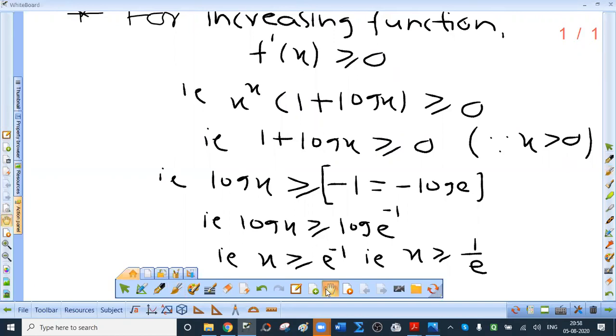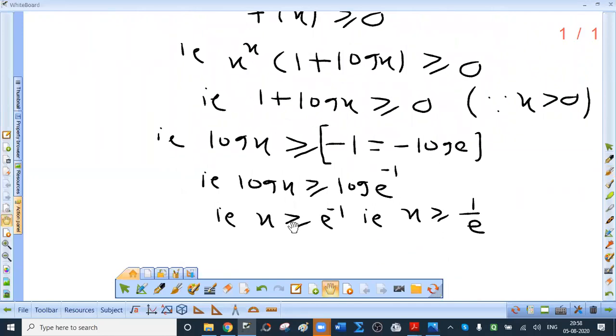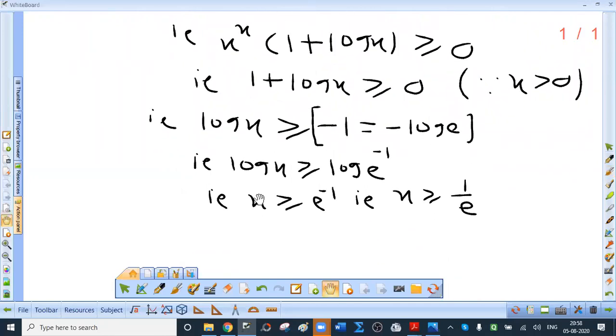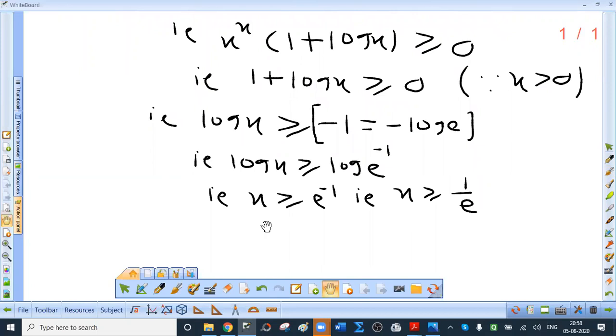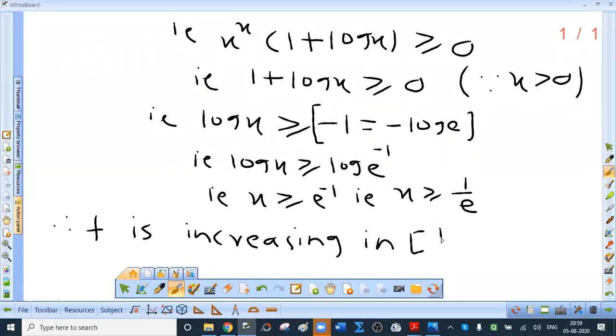And what should be the answer then? Greater than or equal to 1 upon e, up to what? Up to infinity. And therefore I will say f is increasing, okay, in which interval? 1 upon e to infinity, right?